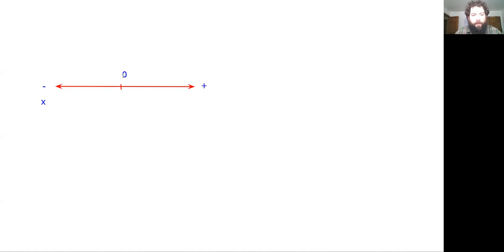And then 1, 2, 3, 4, 5, and 1, 2, 3, 4, 5. Okay, so we'll say this is x equals 5 here, and this is x equals -5 here.